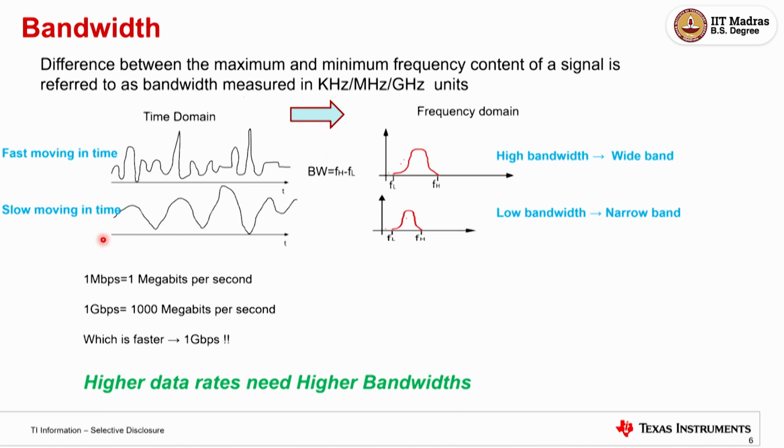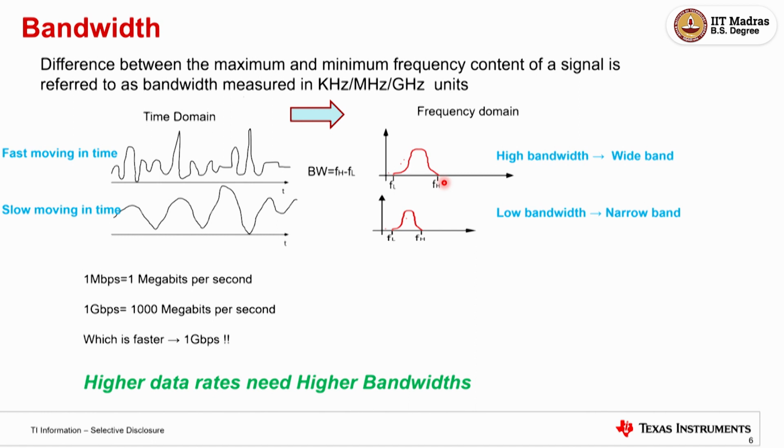Clearly, as you want to push higher and higher data rates, like we saw 1G, 2G, 3G, 4G, 5G, going from voice to messaging to video, up to say 10 Gbps or 100 Gbps as we move on to 5G, 6G, what it involves is larger and larger bandwidth. We'll see the details later, but it just means the free space that you need for transmitting that information, you need larger bandwidth.